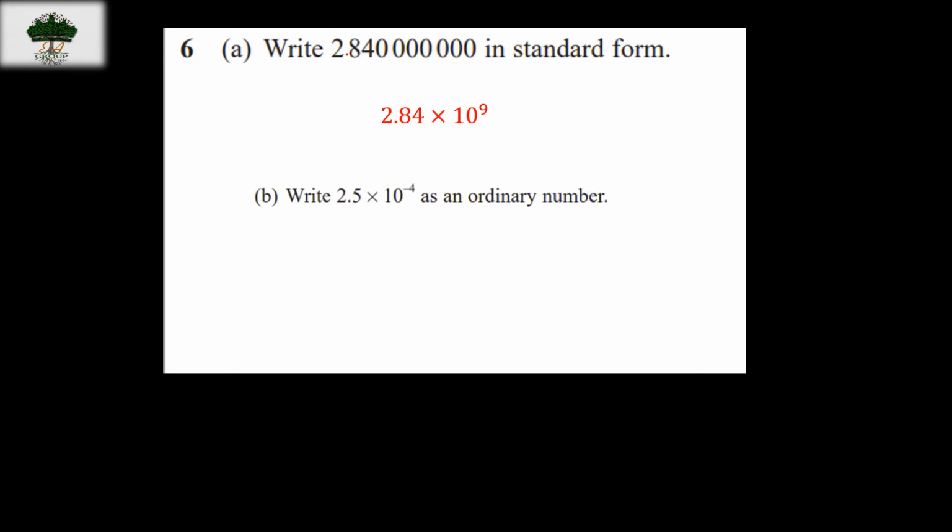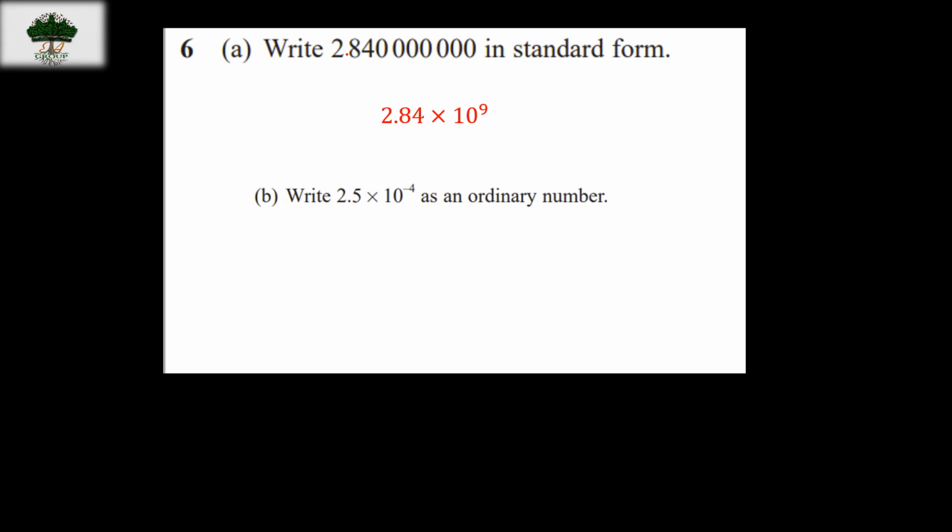Now, B, write this number as an ordinary number. Actually, if you put it directly in the calculator, you'll find the answer. But manually, without a calculator, since we multiplied by 10 to the power negative 4, we have to shift the decimal point to the left as much as the power. The power is 4, meaning 4 places to the left.